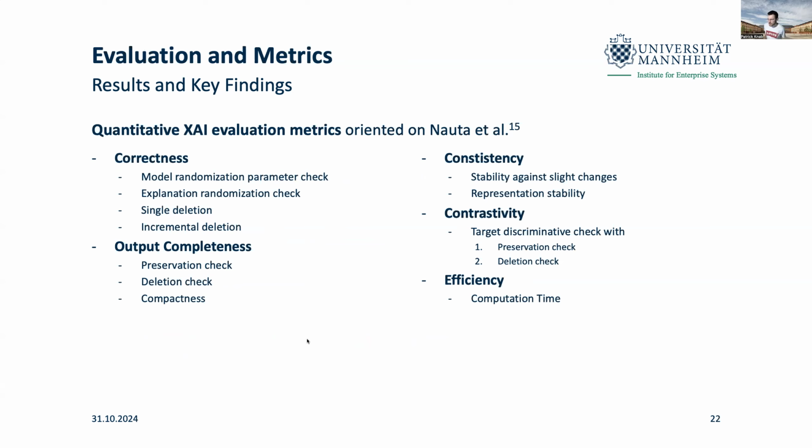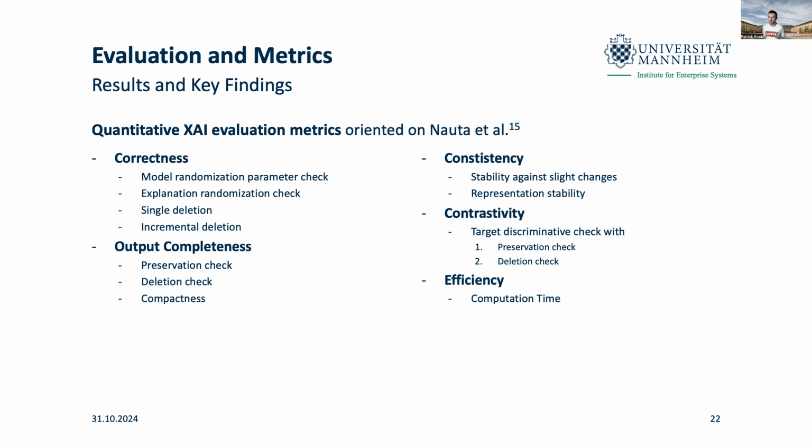For the evaluation and metrics, we oriented on Nauta et al., who summarized quantitative XAI evaluation metrics that can be used for XAI evaluation. We have here 5 main classes. Correctness: for the first 2 parts, we introduce noise to the model itself by, for example, shuffling the weights of the model or shuffling the prediction of the model.